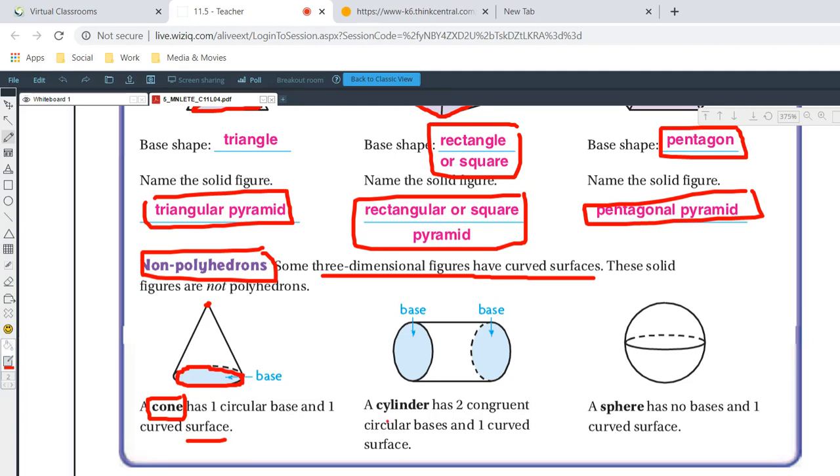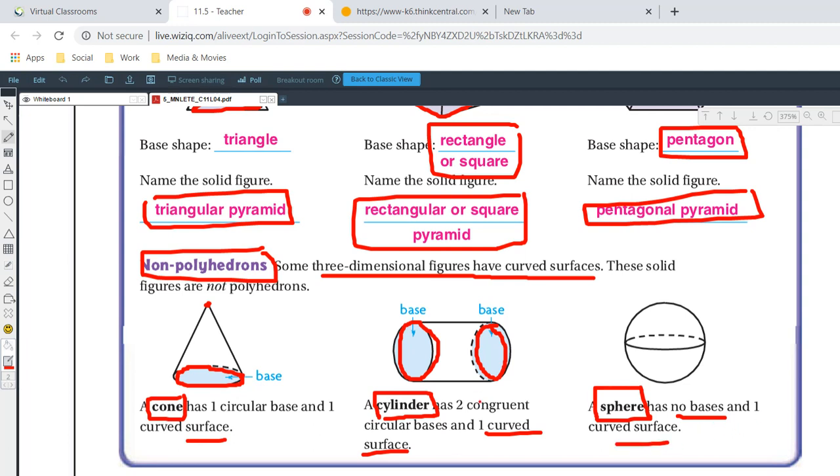Then we have a cylinder, with 2 congruent circular bases, like your glass, and one curved surface. We have a sphere, like your bowl. There are no bases, so we have one curved surface.